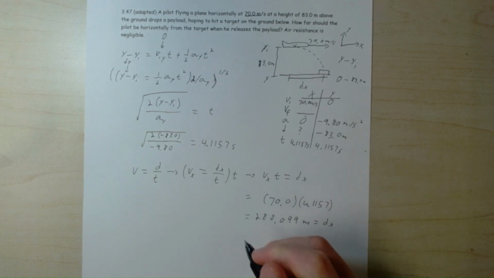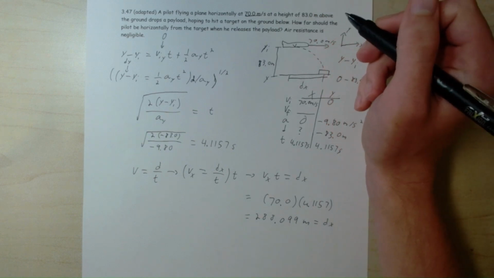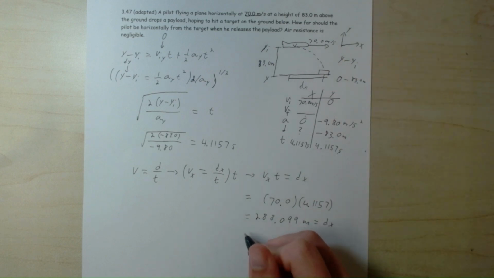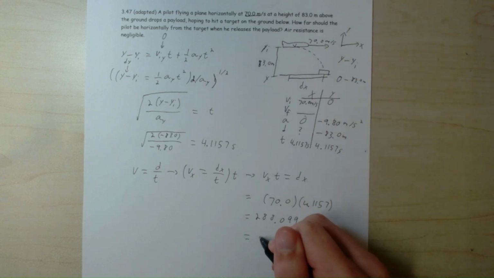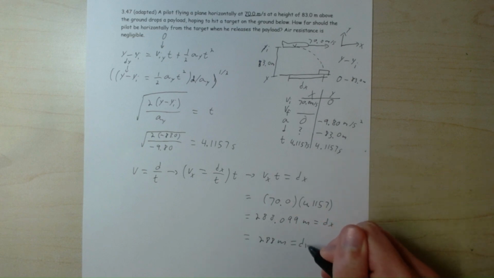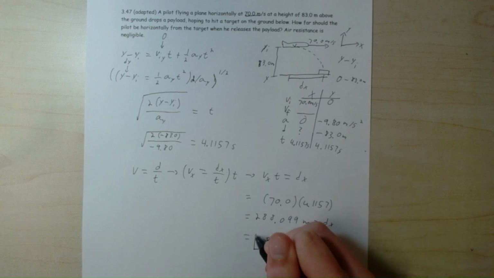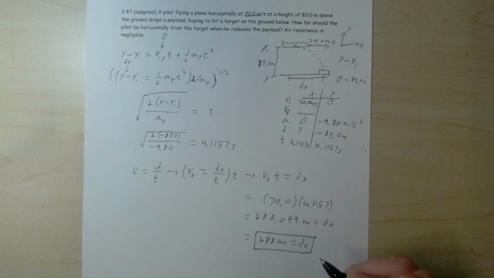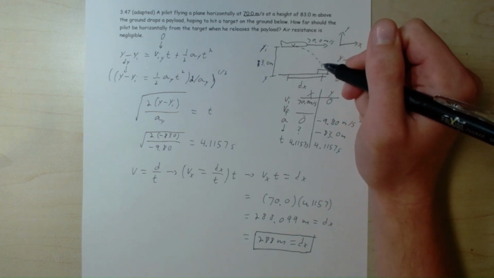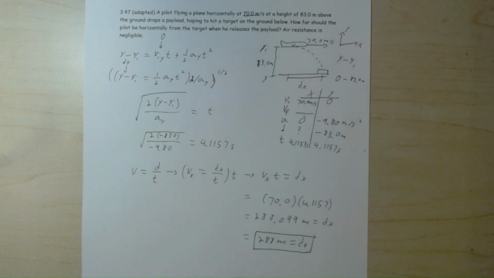And rounding that to 3 significant figures, because we have 3 significant figures in our problem, we have 288 meters for dx. So this is our final answer for this problem. The pilot should release the payload at about 288 meters from the target that he wants to hit.